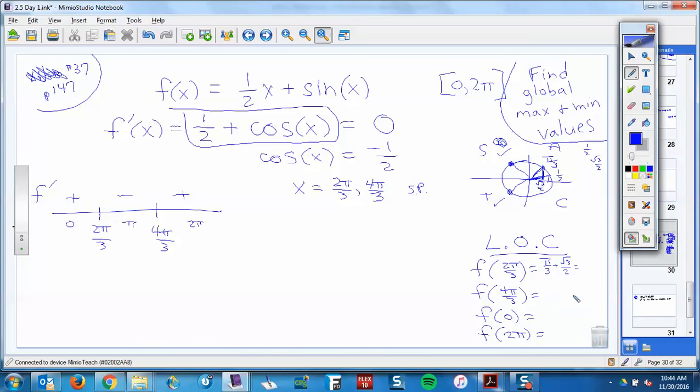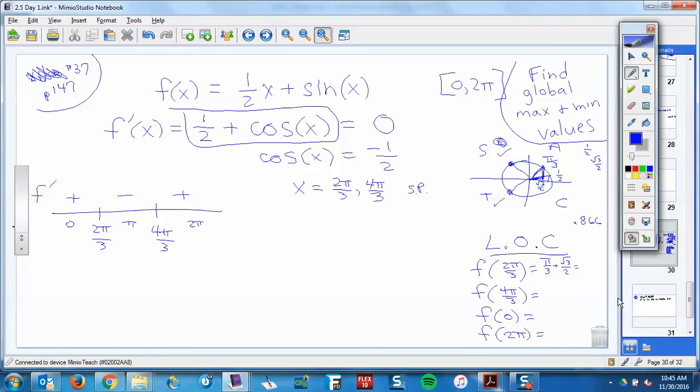It's possible, not likely, but possible you could have to do this on the quiz. On the AP test, this could come up in some problems for sure. Well, what is that? We can estimate that pretty close. Pi divided by 3 is about 1. Root 3 is about 1.7, divided by 2. That's actually a value you should know anyway. Root 3 over 2 is 0.866.